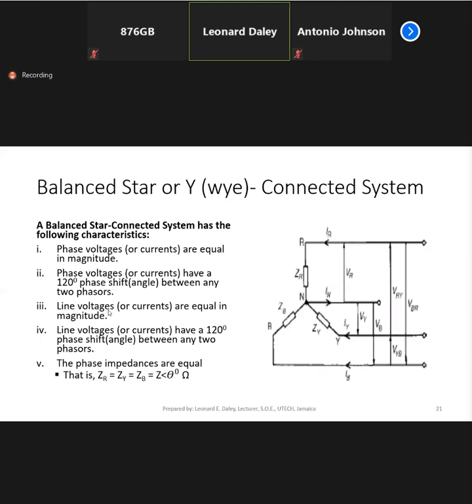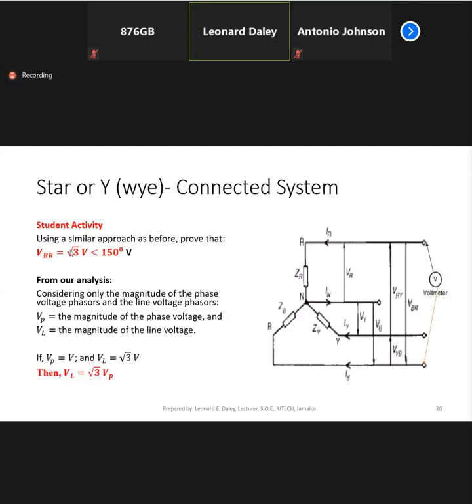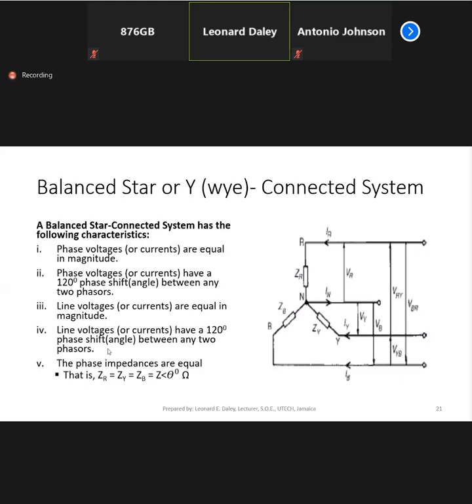If we look at the line voltages or currents also, they will also be equal in magnitude. So we saw where all of them had a magnitude of root 3 V, right? And in a little while, you will see that all of them also have a 120 degree phase shift between any two phases.